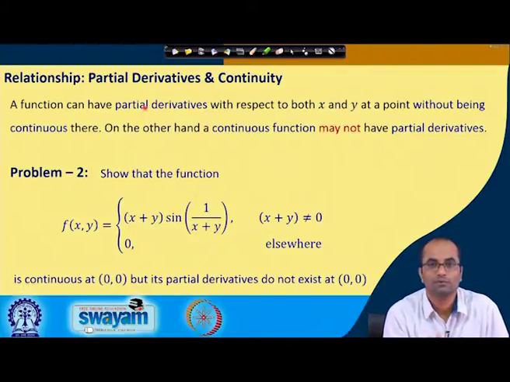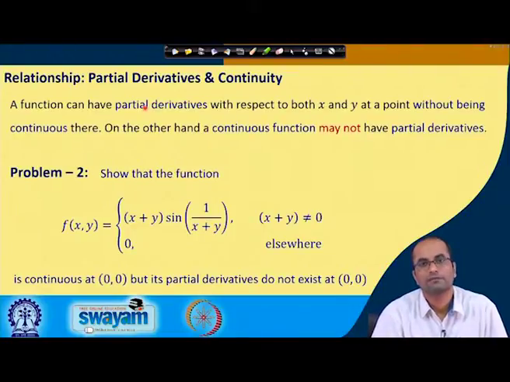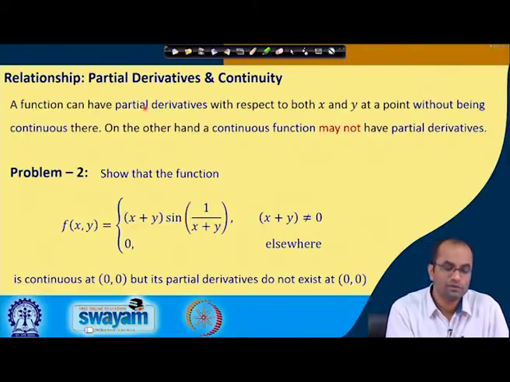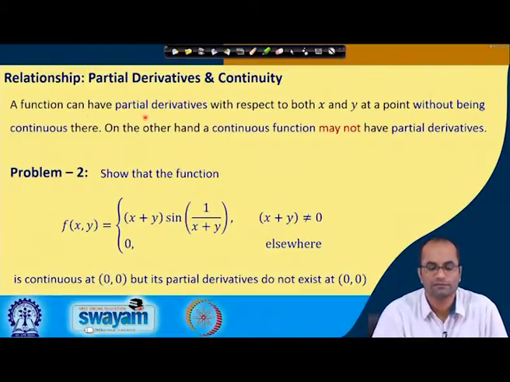When we talk about the usual derivatives, continuity is a must for differentiability. In the case of functions of a single variable, we need continuity of the function, but in this case a function can have partial derivatives with respect to both x and y at a point without being continuous there.